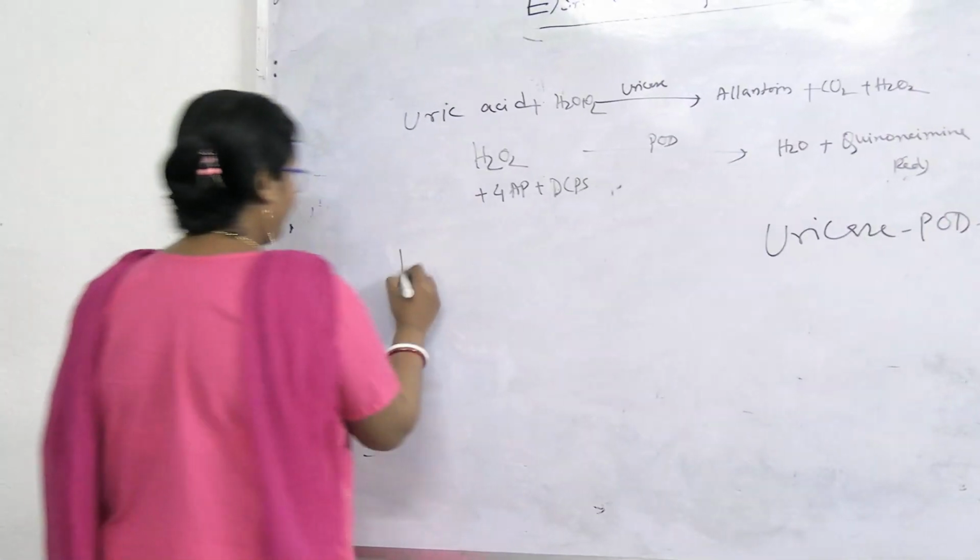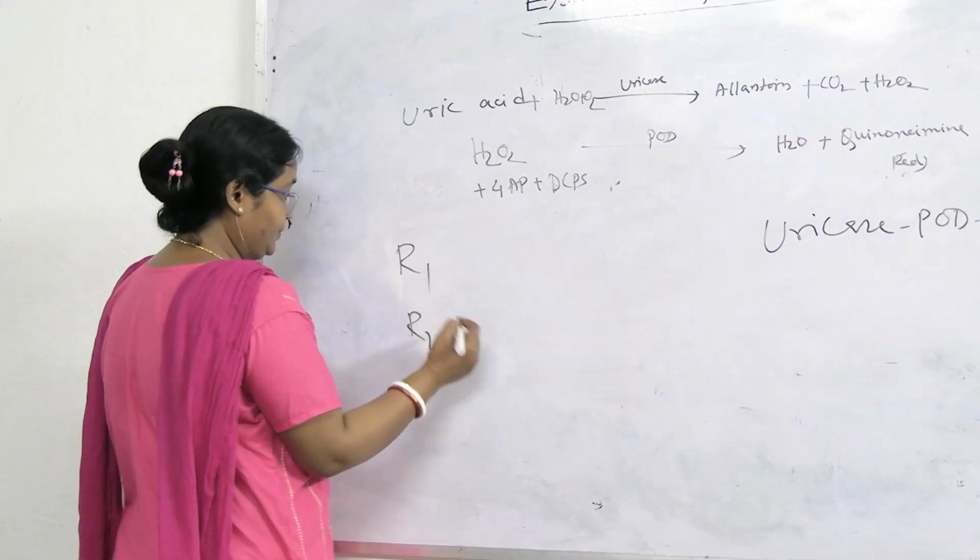This is just to know, you don't have to write it. Uricase is used, POD peroxidase is used, and in liquid medium. So there is R1 and R2.